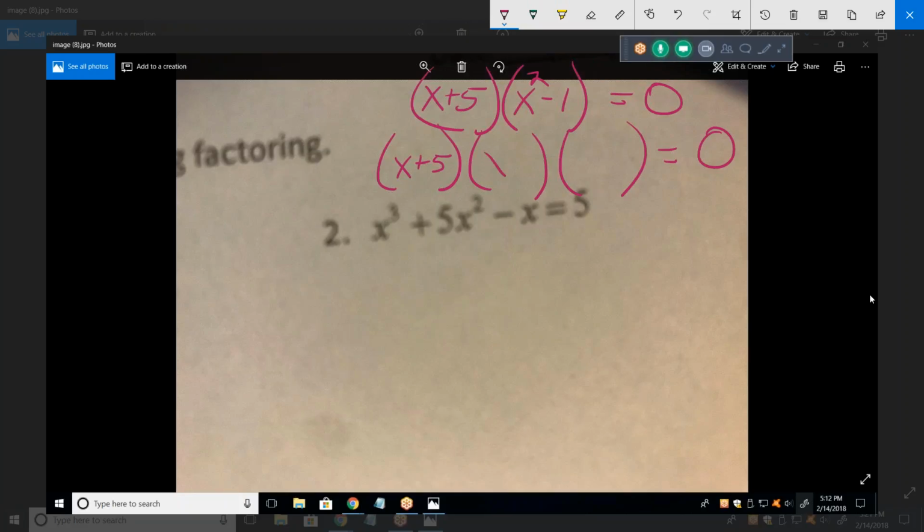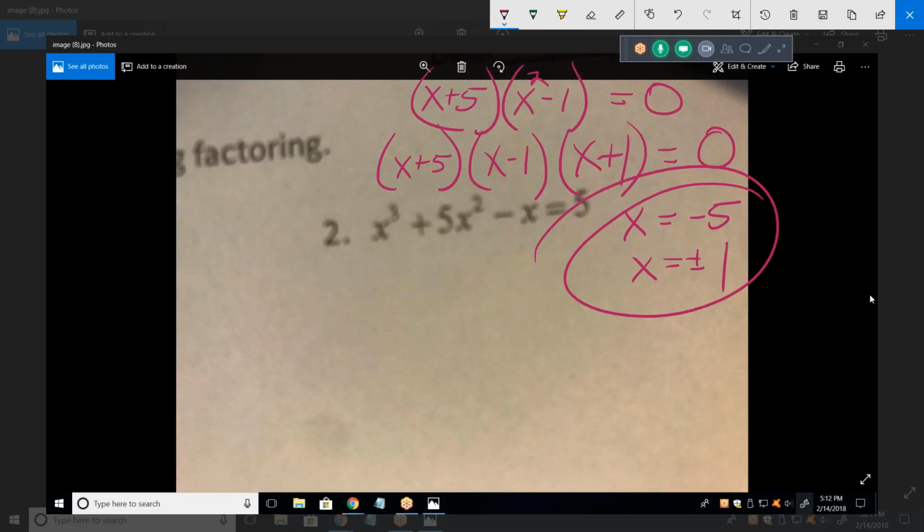Uh-huh. And there's our 3 solutions. What are they? X is negative 5, x is negative 1, and x is 1. Yeah. So that's factoring a cubic. And the only ones they're going to give you are the ones that you'll be able to do by grouping.